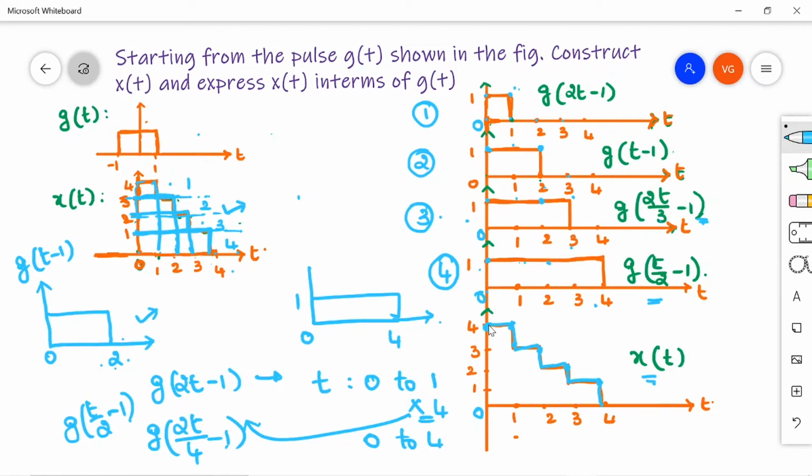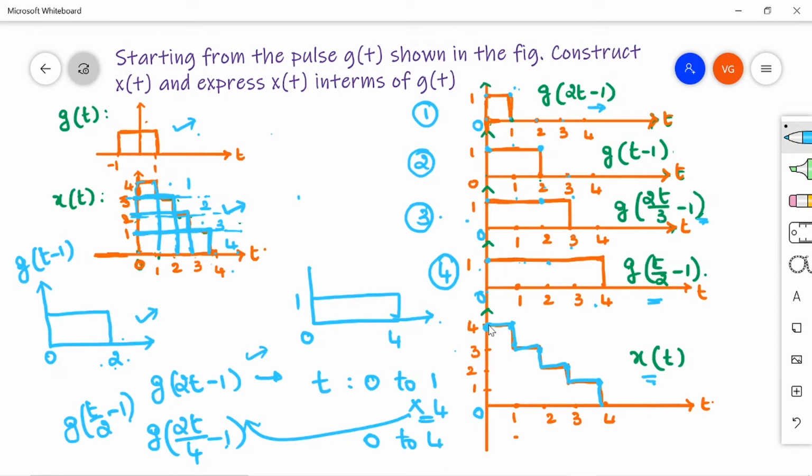So this is the required x of t staircase signal that I have drawn from g of t by taking the time shift and also time scaling. Remember, every time first you have to shift the signal, then only scaling should be done.